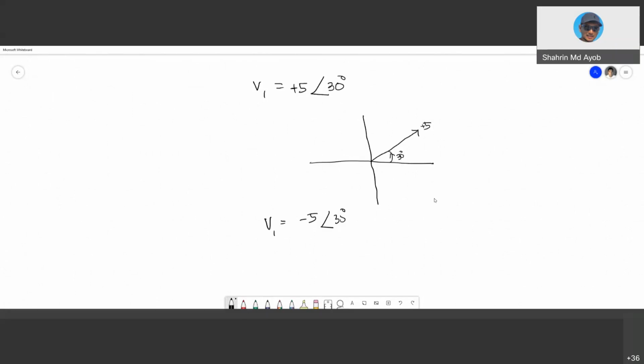What is the phase diagram that represents this? Negative 5, 30 degrees. The angle is still positive 30 degrees, but the arrow is going into the origin. It's not going out, but going into it.